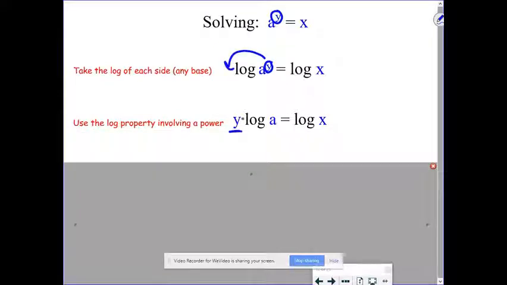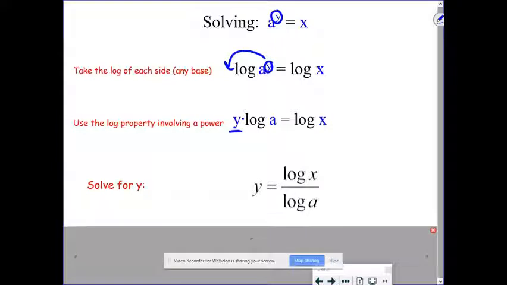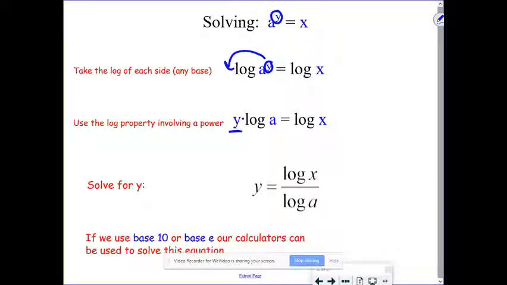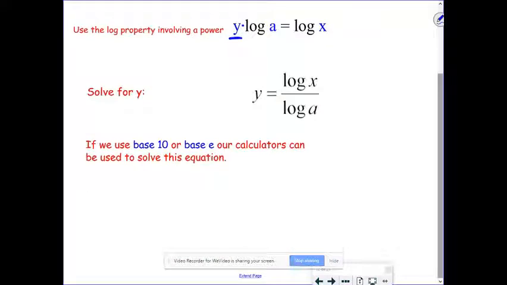Second step, use the log property with a power to bring the y or the variable out in front. Third step, divide by log of a. So y equals log of x over log of a. We use base 10 or base e. Why do we use base 10 or base e?